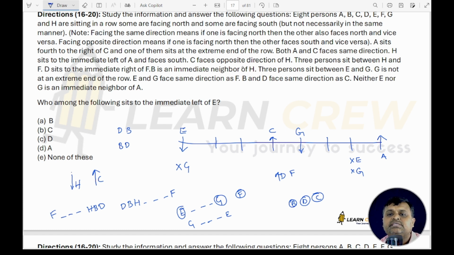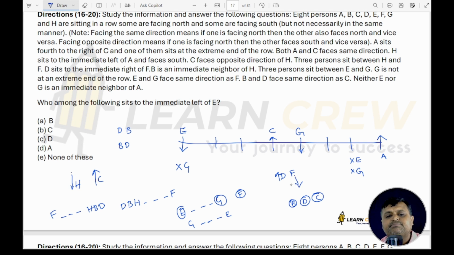So C faces opposite to the direction of H. Three persons sit between H and F. And there is one thing given here. What is that? D sits to the immediate right of F.